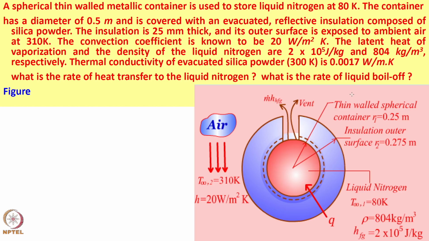Very simple problem. You have liquid nitrogen inside this spherical container. It is at 80 Kelvin, and heat from outside is going to come in because outside is at 310 Kelvin. Because of this gradual heat coming in, there is going to be evaporation. If you allow heat to come in over an extended period of time, slowly the liquid nitrogen will evaporate.